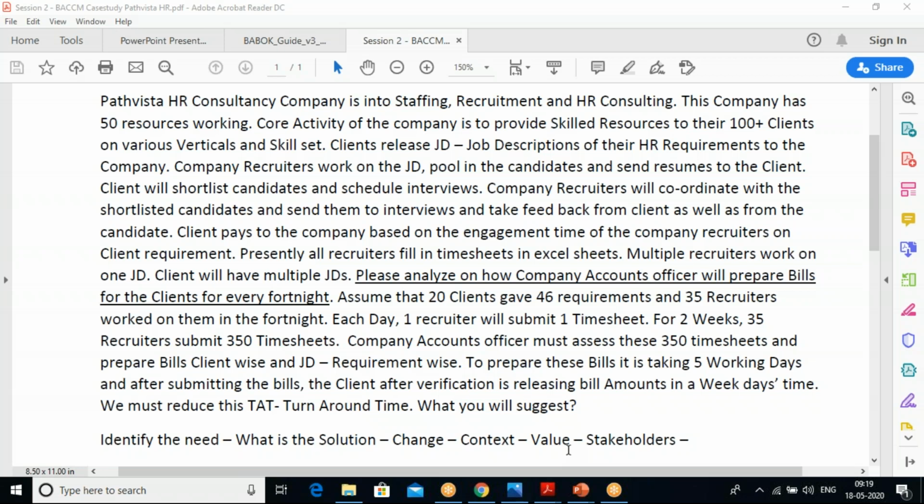You have identified the stakeholders, and consider that this company is in Germany. Hope no one is in Germany now. You guys are not in Germany, right? No. Oh, thank God. Sometimes one of you will be in Germany, so techniques will vary once again.